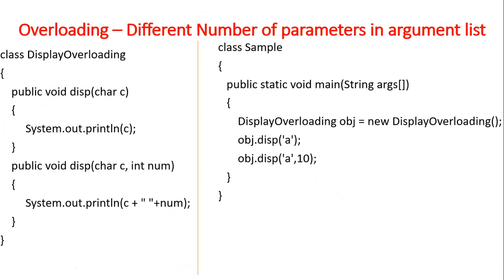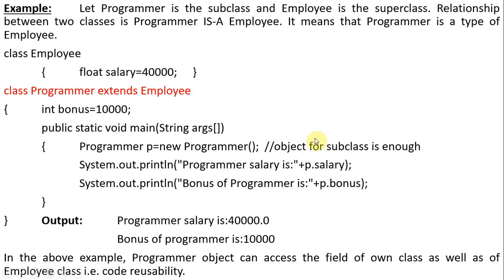If you don't use inheritance, you have to create an object for the first class in the second class. If you use inheritance between two classes, one becomes the superclass and the other becomes the subclass, so creating an object for the subclass is enough. By the object you can access whatever is in the superclass, whether methods or variables. That is an example.